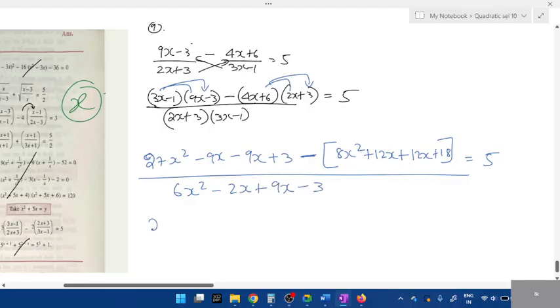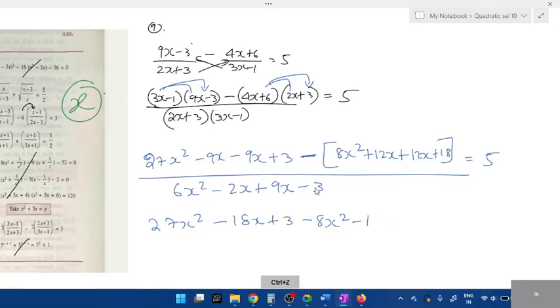Now 27x square, minus into minus is plus, you get minus 18x plus 3. Now open the bracket for minus. This is how you have to solve. Minus 12x. See, inside the bracket 12 plus 12 is 24. So when you open the bracket, you get minus 24x minus 18.